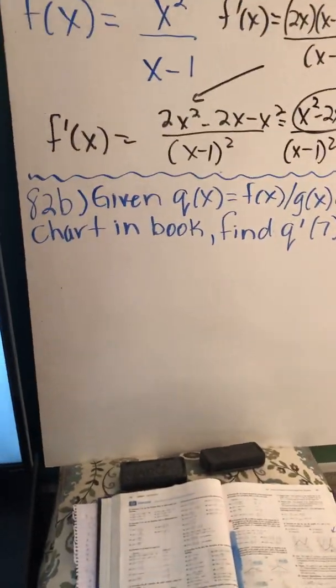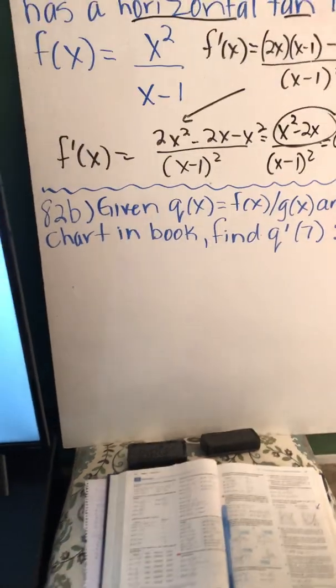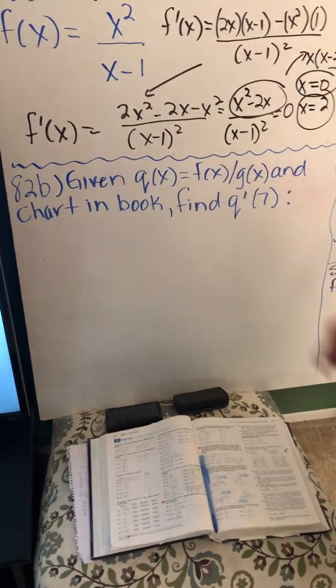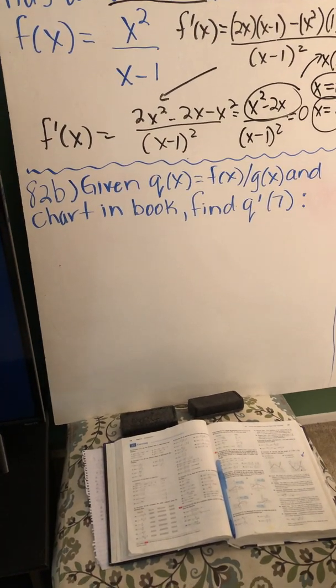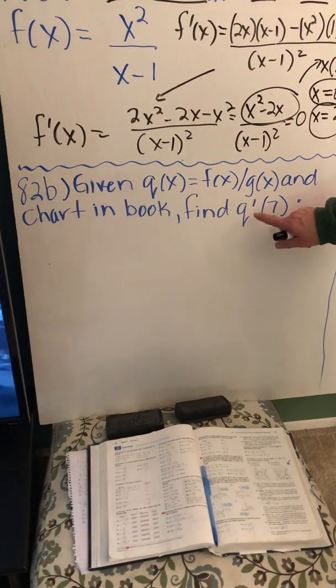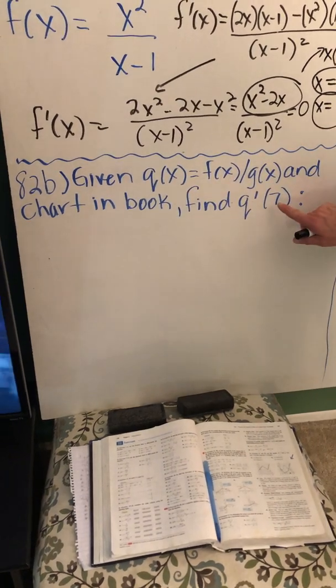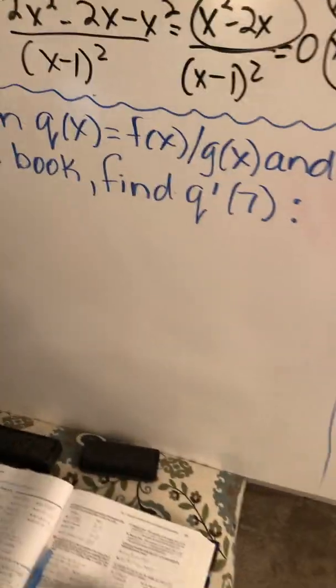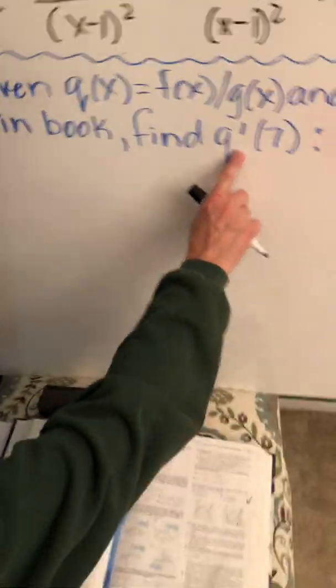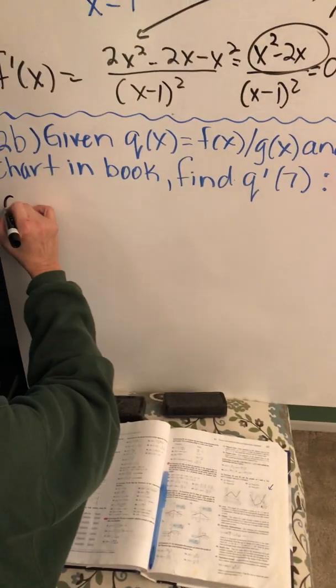82b, we're going to have to look in the book. Given that q of x is f of x divided by g of x, and given the chart in the book, they are asking us to find the derivative of this function at 7. We don't need the book quite yet. First of all, I'm going to write the derivative of q.